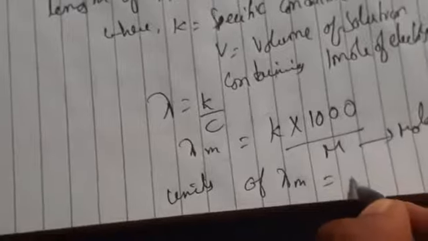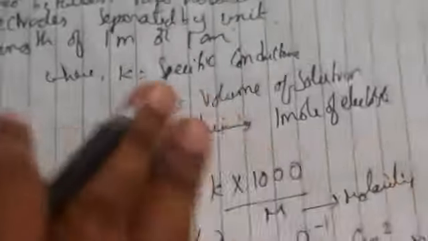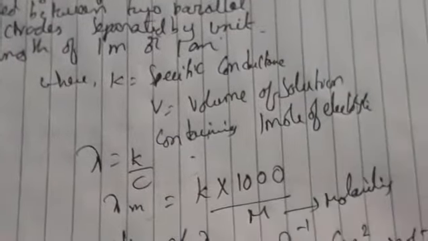So automatically the units of lambda m are ohm inverse centimeter square mole inverse. Why? Because K is the specific conductance, the reciprocal of the resistance, which we call conductance.